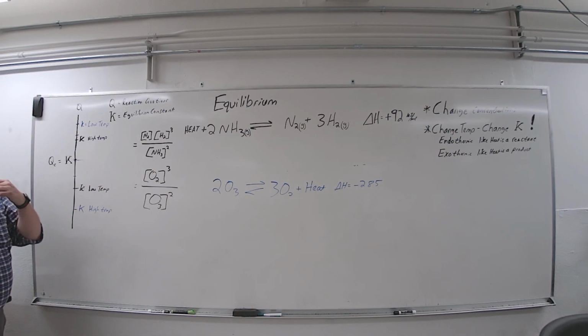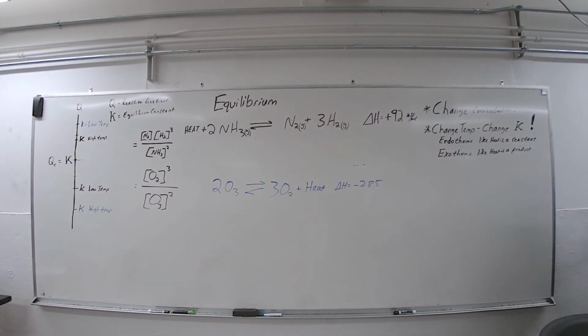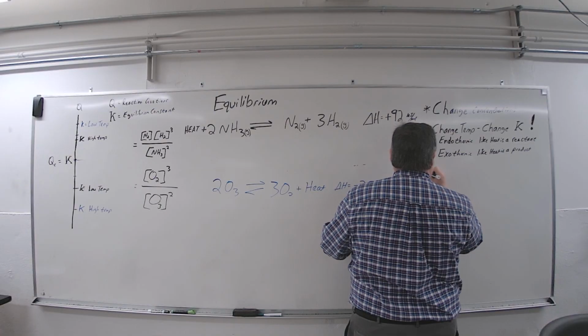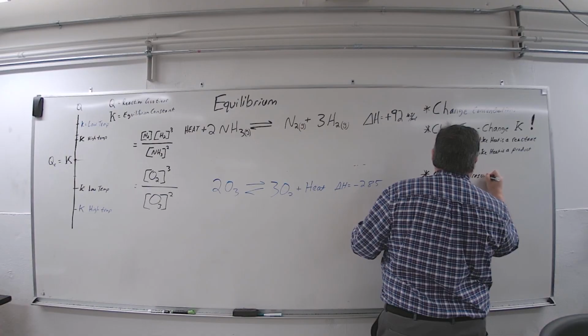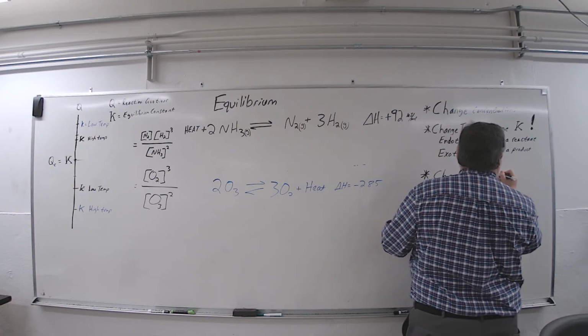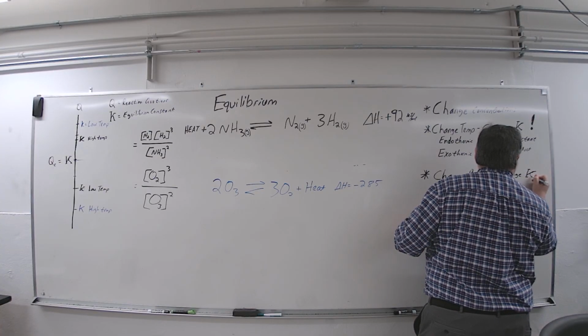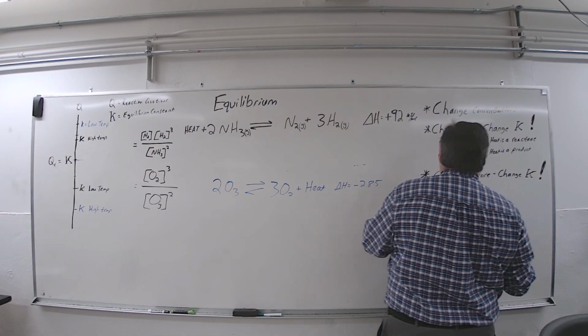So the effective temperature actually changes K. Change the pressure, change K. In these cases, we actually change the K.